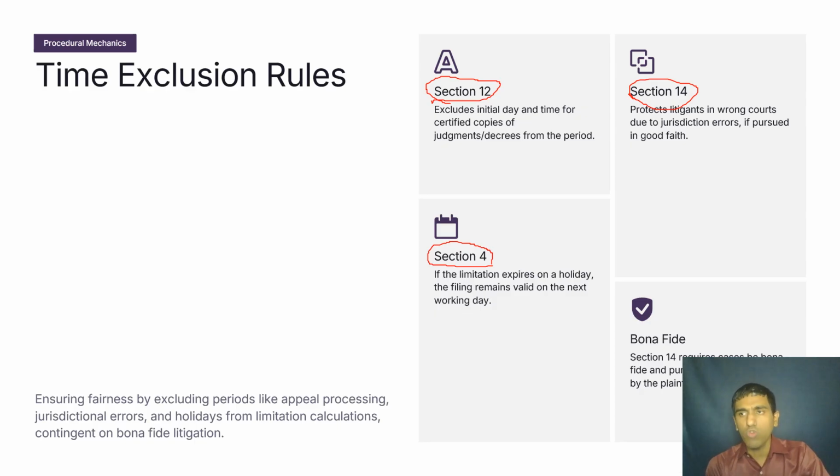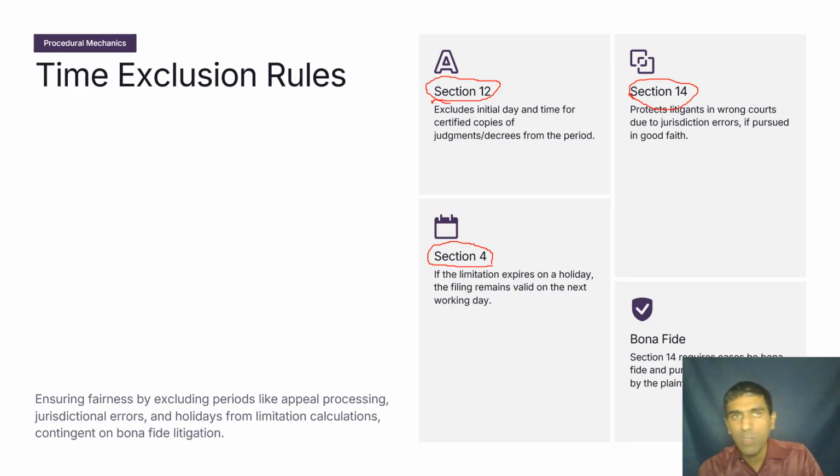this period is excluded. Then under section 14, like I said earlier, litigants are often not aware of the jurisdiction of courts to entertain cases. The law is pretty complex in that aspect. So again, fairness is ensured by protecting litigants from honest mistakes, or essentially mistakes of fact. Then section 4 also is a protection.